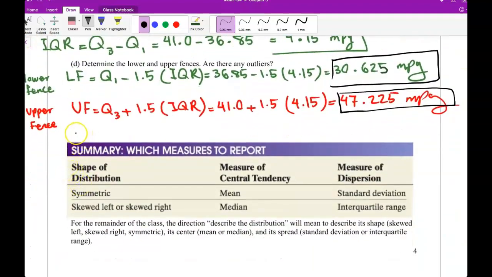Since 47.5 is the largest data value, or max value, let's use the maximum value.